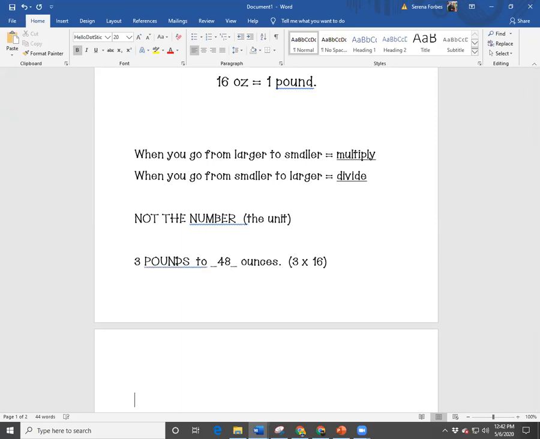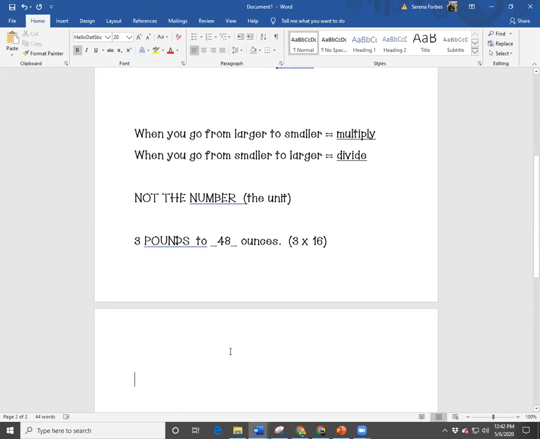Just like if we were doing it this way. What if we had, let's say, 3,200 pounds to tons.